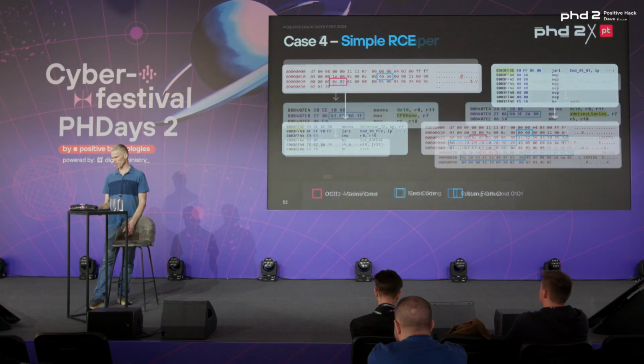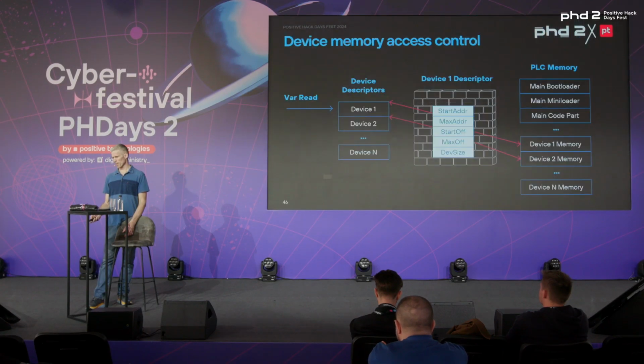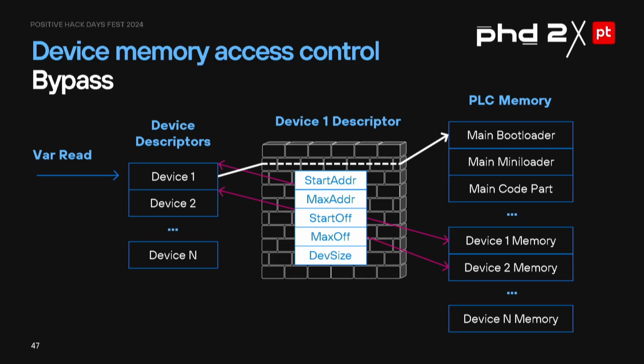How can you download a patched firmware? Since it's the device access vulnerability, this is the bypass that I mentioned.